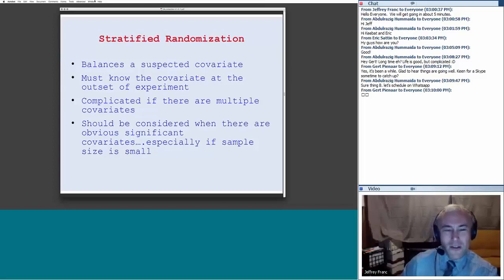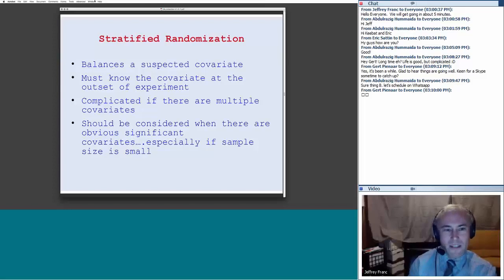I'll show you how this works. But you really need to know this covariate at the outset, and it can be really complicated if there are multiple covariates. And we really should consider this when there are obvious significant covariates, especially when the sample size is small. Okay, it sounds complicated when I describe it like this, but when I show the example, it's going to all make perfect sense.